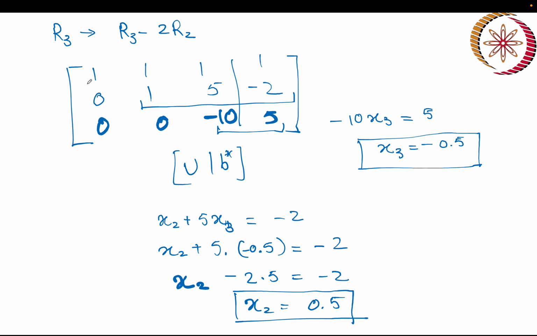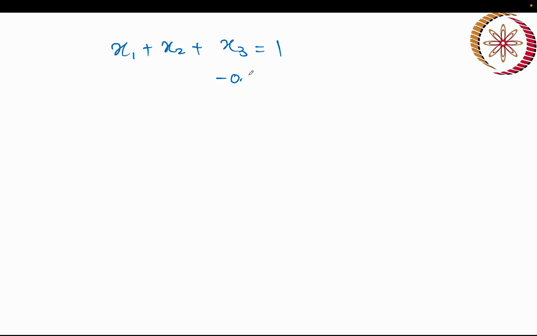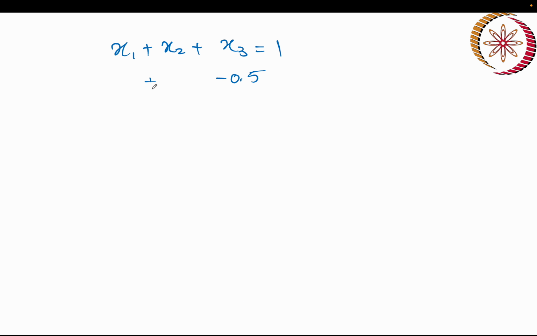Finally we will solve the equation x1 plus x2 plus x3 is equal to 1. We already found x3 is minus 0.5 and x2 is 0.5, so these two terms cancel each other, and x1 is equal to 1.